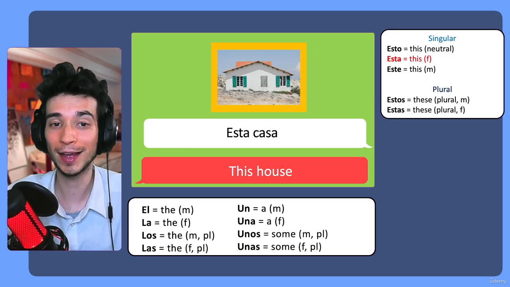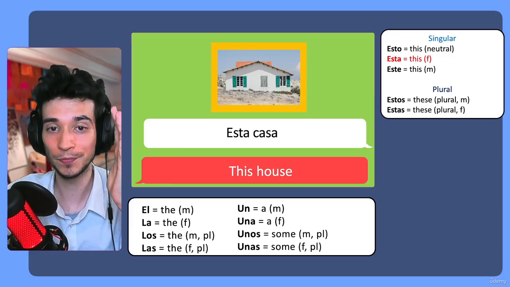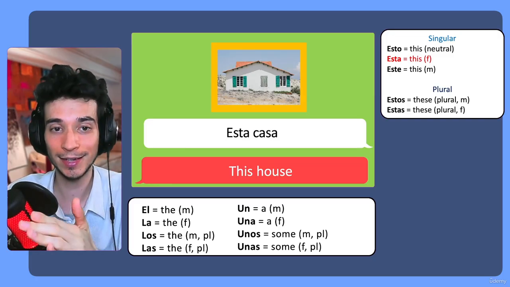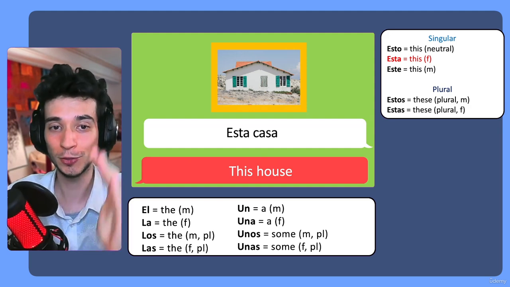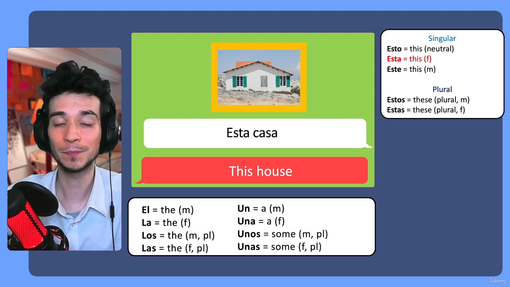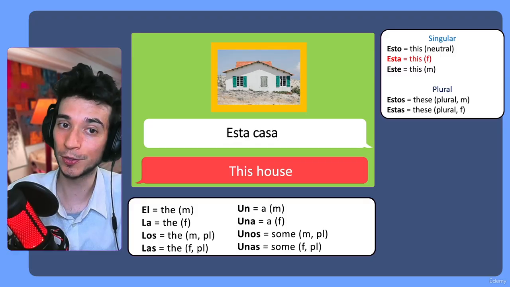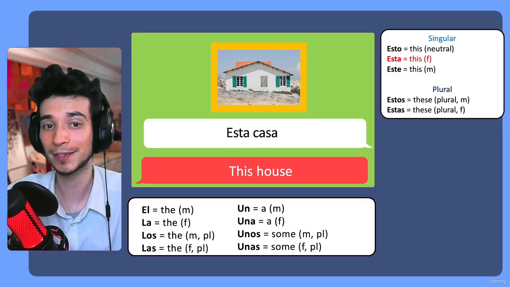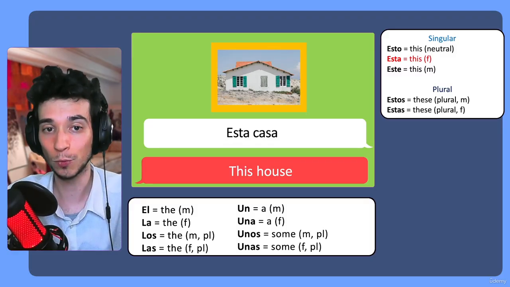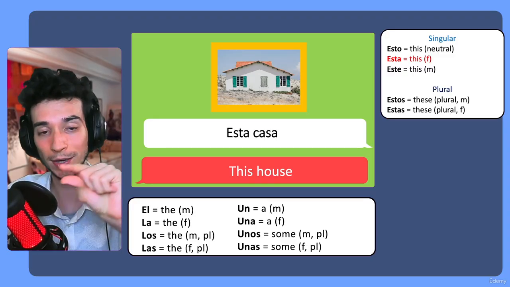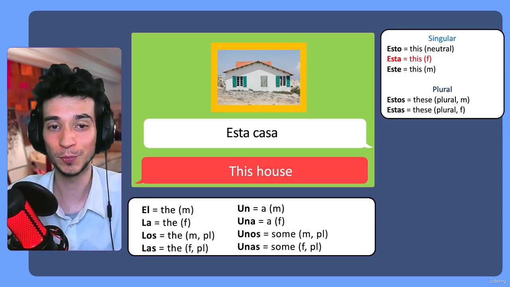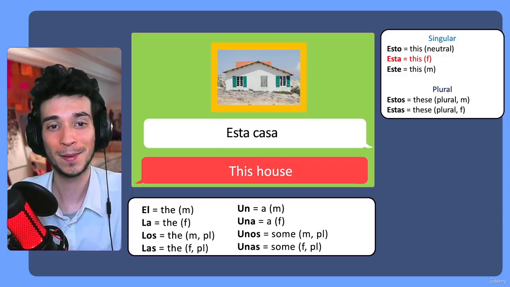But if you just say esta casa, it's just esta casa. Esto casa doesn't work. So it has to be female, esta casa. You can say esto es because esto now refers to es. This is, and then whatever it is. Esto es una casa, because esto applies to the verb ser, to the conjugation es.